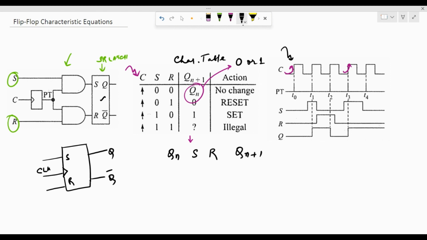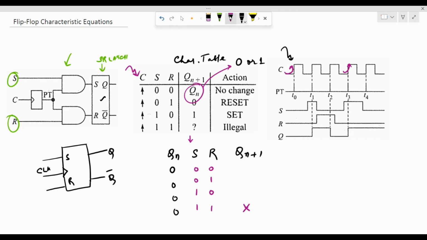When Qn is equal to 0, the possible combinations of SR are 0 0, 0 1, 1 0, and 1 1 is not going to be allowed, so I'll call it a don't care. For all of these cases, my Qn is considered to be 0, that's the previous state. Then what happens to the next state?